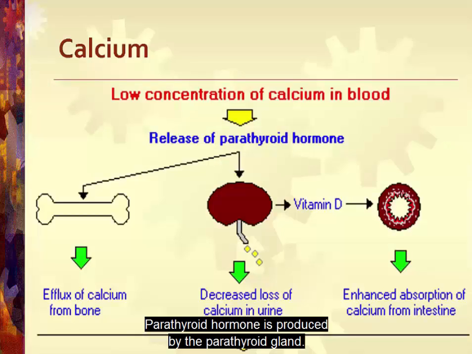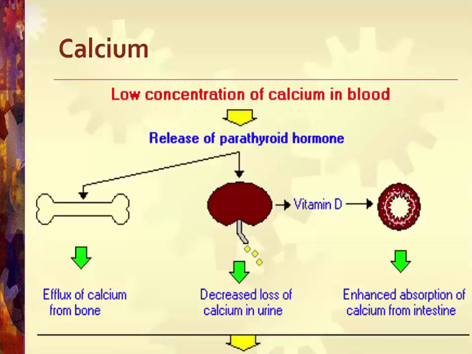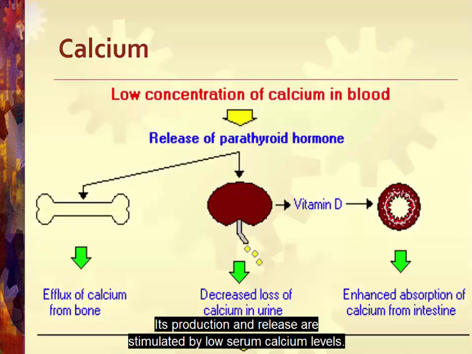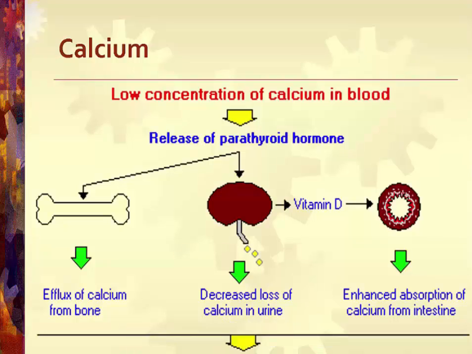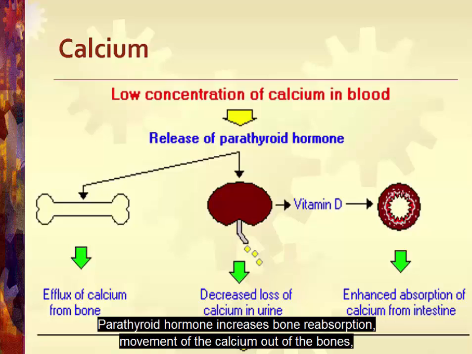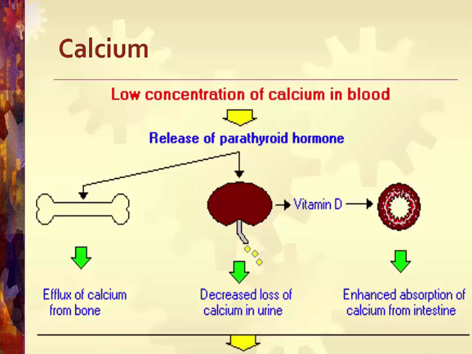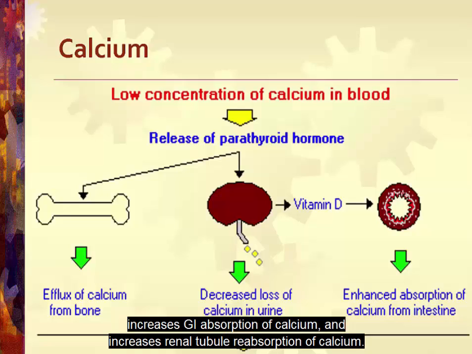Parathyroid hormone is produced by the parathyroid gland. Its production and release are stimulated by low serum calcium levels. Parathyroid hormone increases bone reabsorption, movement of the calcium out of the bones, increases GI absorption of calcium, and increases renal tubule reabsorption of calcium.